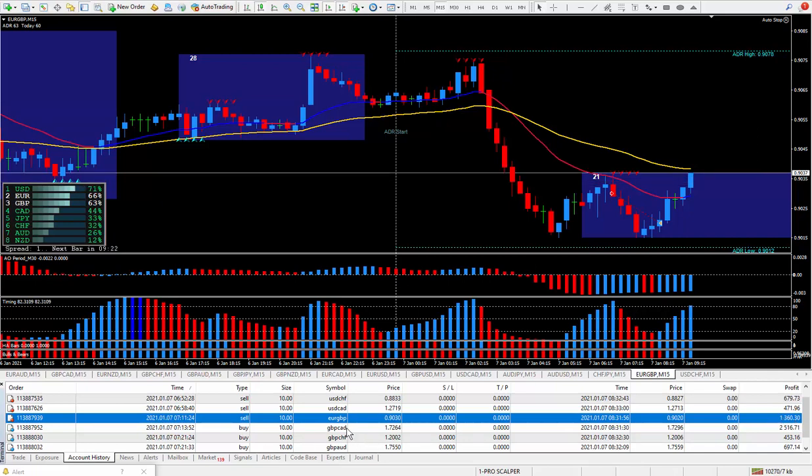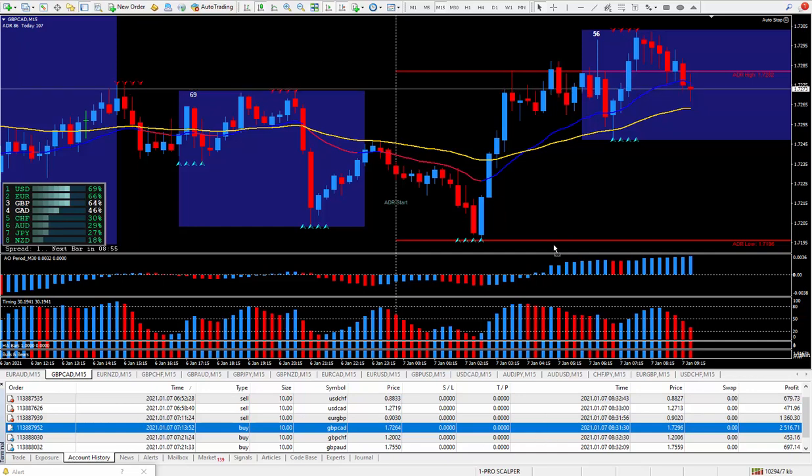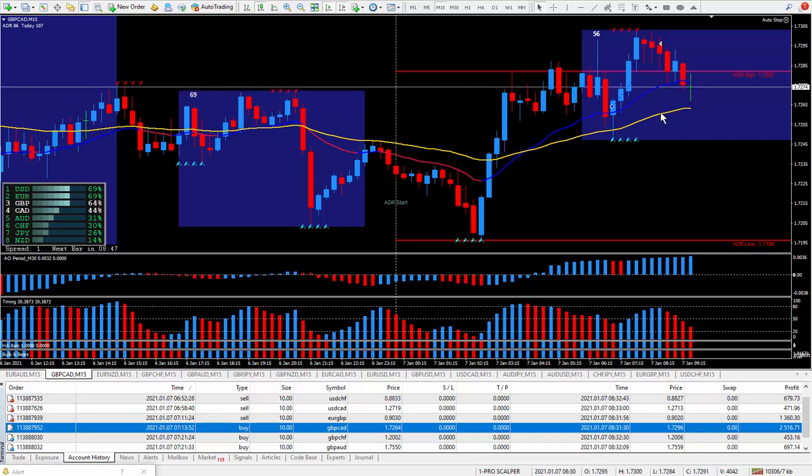Okay, the next pair is the pound CAD. This was definitely more than just scalping. Let's just drag and drop it up. Now this is another trade that I was trading, a great way to trade. Perfect example of it. And of course the fractals are down here suggesting a buy.